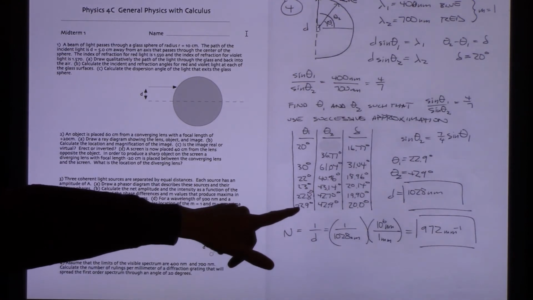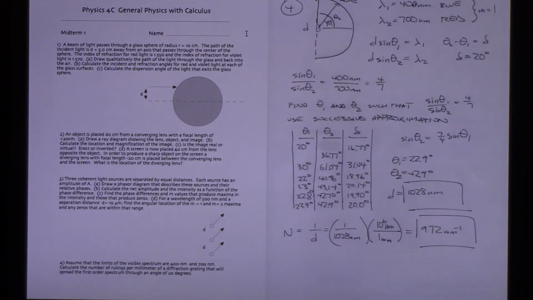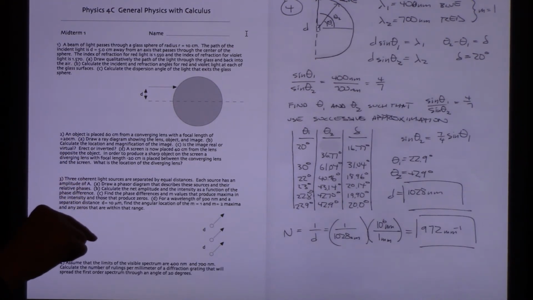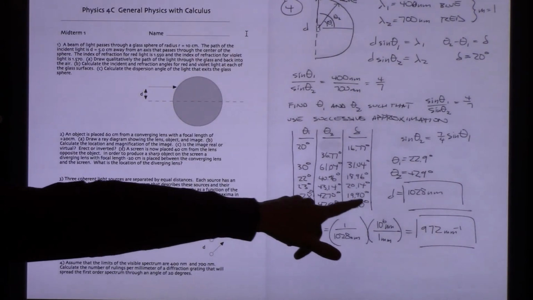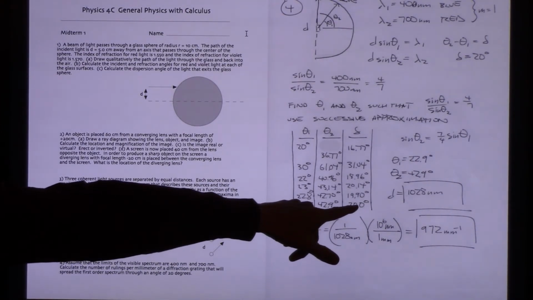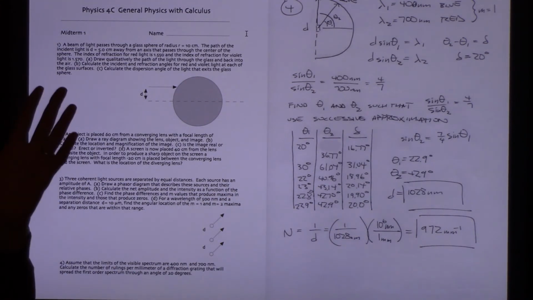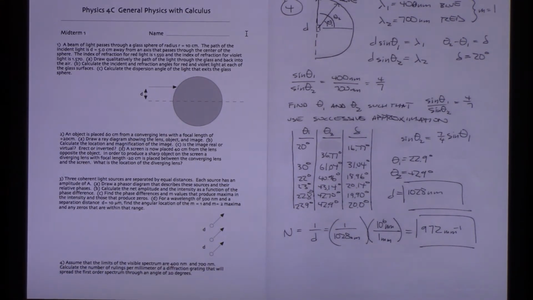And then I started going down into the tenths, and I got down to 22.9. So it took me 6 guesses, but it was sensible sort of guessing, until I got something that came back with 20-degree separation. And so I thought, fine, great, I've answered the question. I don't have to do it in closed algebraic form.